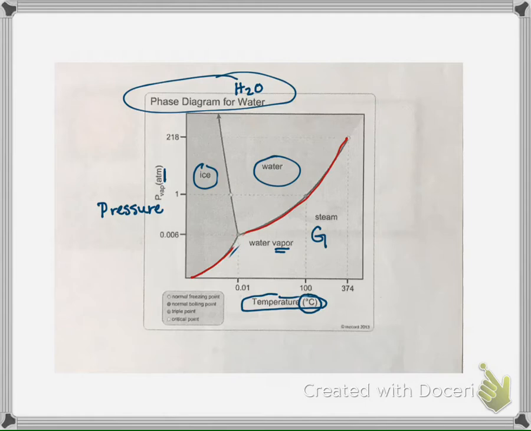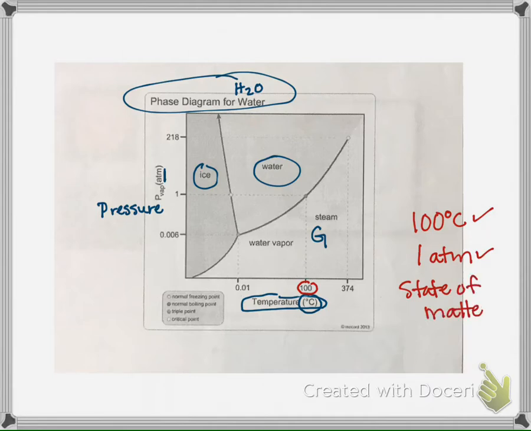So right here, I'm going to give an example. I'm going to show you guys something. If you were to say, okay, at 0 degrees Celsius, which is right here, and 1 atmosphere of pressure, what's the state of matter? So what state of matter is water in at 100 degrees Celsius and 1 atmosphere of pressure?